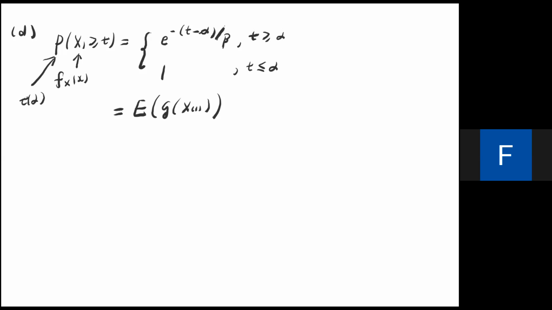If I can find any complete sufficient statistics, I do know x1 is the complete sufficient statistic. I'm finding a g function right here, such that this is the unbiasedness condition.